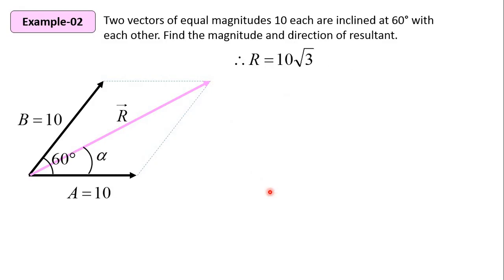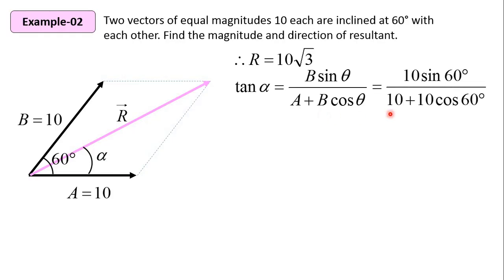Next, let us find the angle alpha, the direction. The formula derived was tan alpha equals B sin theta divided by A plus B cos theta. Substitute the values: A and B are both equal to 10 and angle theta is equal to 60 degrees. Now 10 can be taken common from the denominator and it gets cancelled with the numerator.